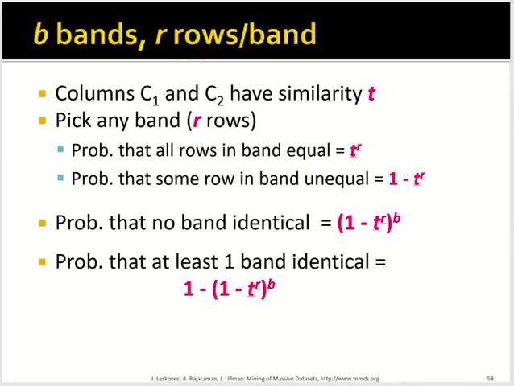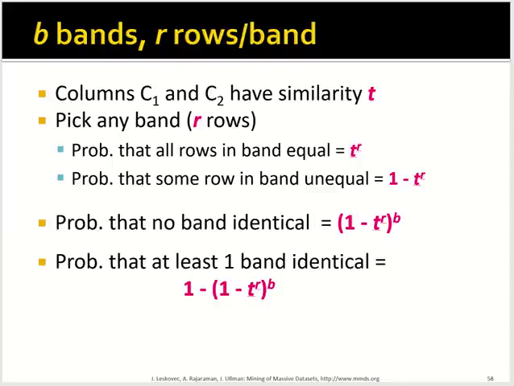The probability that all rows in the band are totally identical can be computed as t to the power R, since each row is an independent variable in the random process.